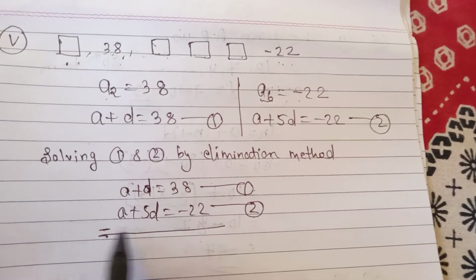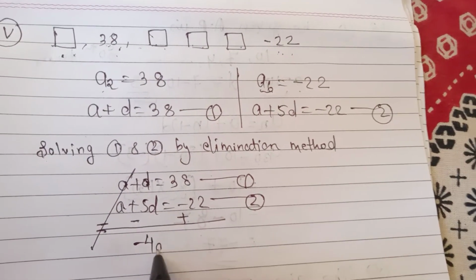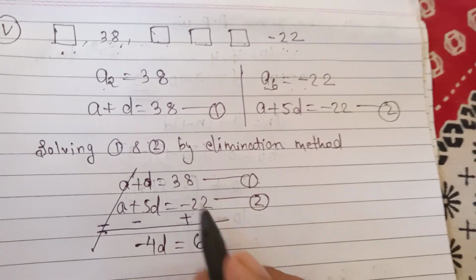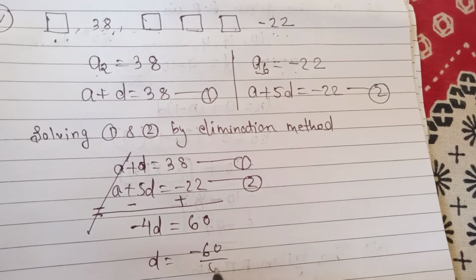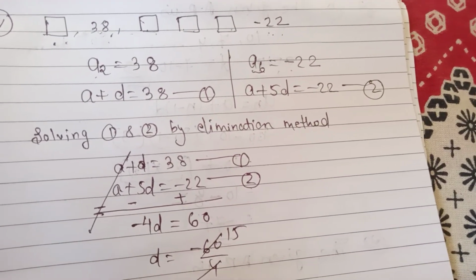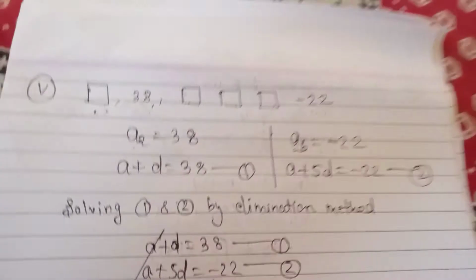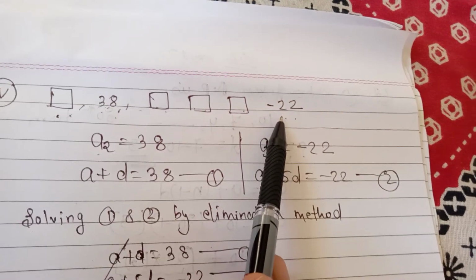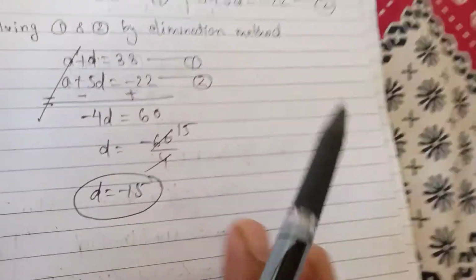Now let's change the sign: minus, minus, plus. It is minus 4d is equal to 60, because this minus becomes plus. So d is equal to minus 60 by 4, and we got the value of d as minus 15. As I told you, if you see your AP, it is in decreasing order, so that's why d is minus 15.